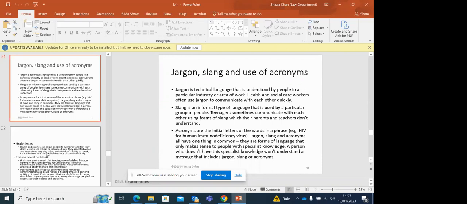Like "puppet" instead of "put it". Oh yeah, that's a popular one. Teenagers can come up with different slang languages, and sometimes it's inappropriate because the parents and teachers don't understand.